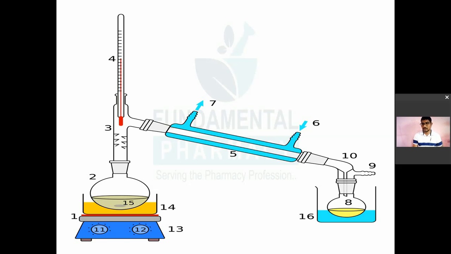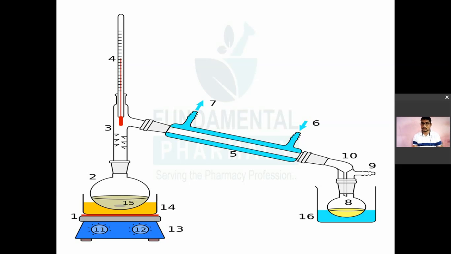So whatever distillate you get will contain some amount of component A and component B. Mostly the more volatile component will be in larger amount in the distillate, but the less volatile one will be present a little less.